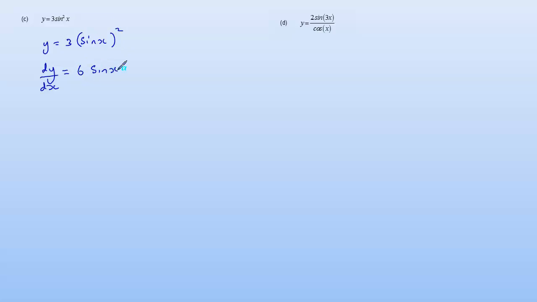And then effectively in the bracket we have sine x to the 1. And then we need to multiply by the differential of the inside function, which is cos x. Now it says don't simplify, but I wouldn't leave it like this because I've just written this in order to make sense of the notation here, and after a while you don't need to do that. So I would go 6 sine x cos x.